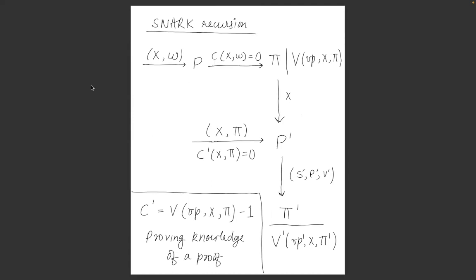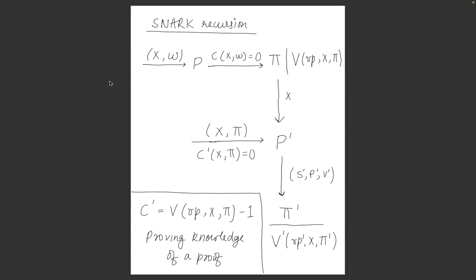For that, let's go into SNARK recursion, and we'll see how a two-level recursive SNARK can solve our problem. It can give us a fast overall prover, and it can also give us a short proof. In SNARK recursion, we have this inner prover, which takes some statement X and some witness W, and runs the circuit C of X and W, which should be equal to 0.